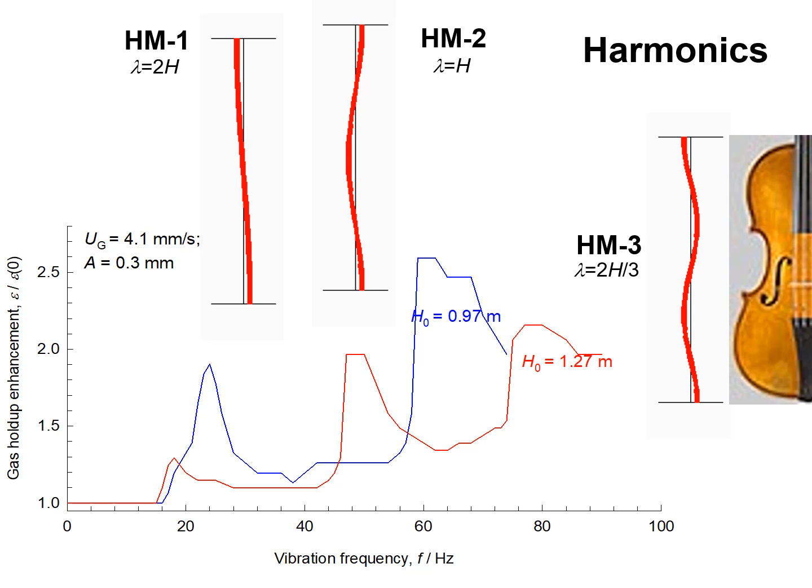The second maximum, that is for these two cases, corresponds to this harmonic mode of operation. And this third maximum, which is obtained with a liquid height of 1.27 meters, is for a column in which we have the third harmonic.